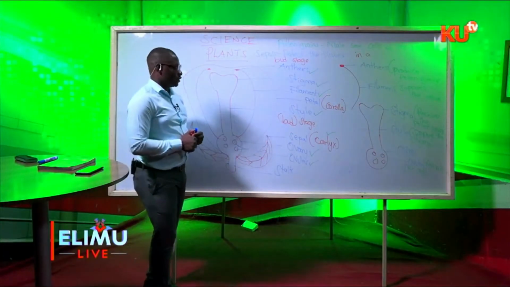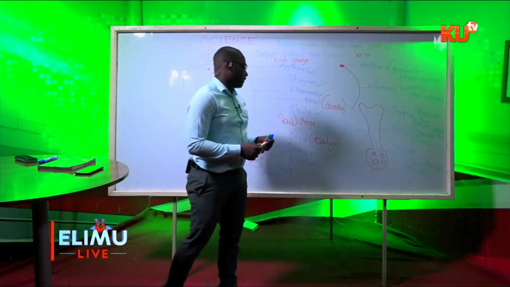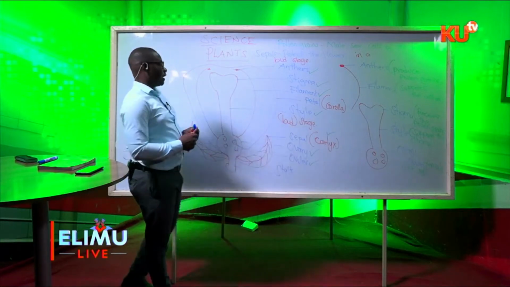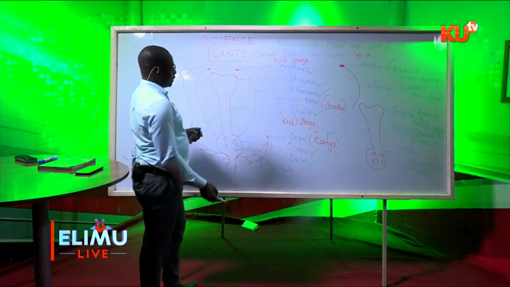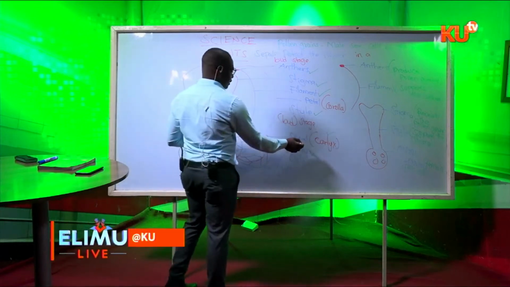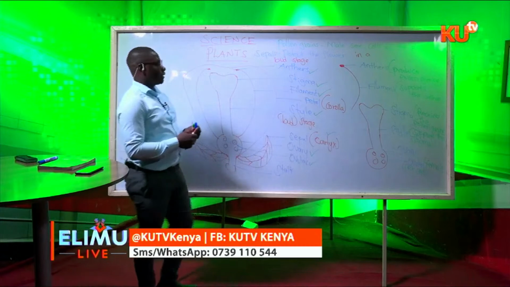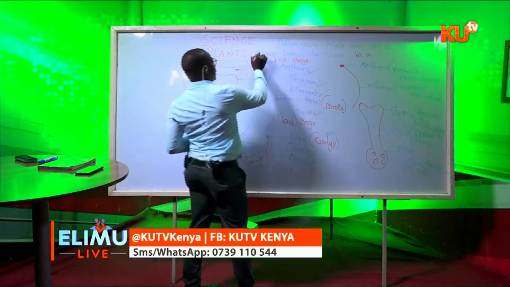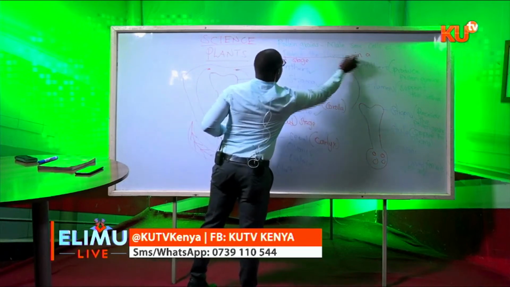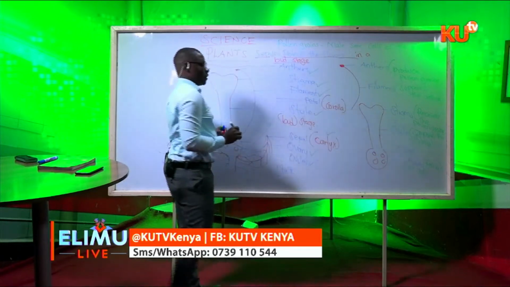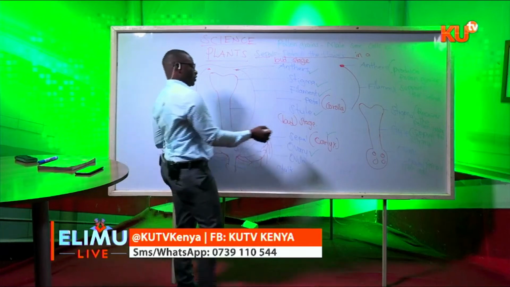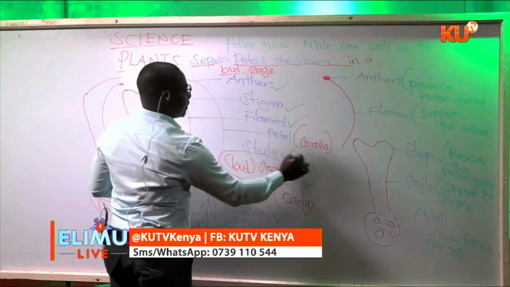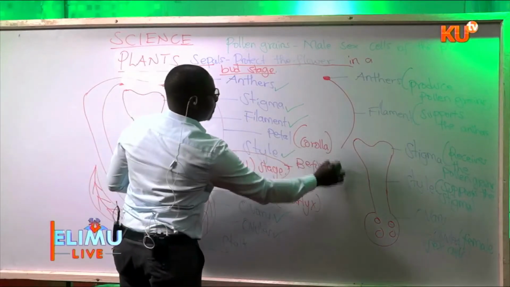So we are continuing. I was giving the functions of the other parts of the flower. So I will repeat about the sepals. The sepals protect the flower in a bud stage, and a bud stage is a stage before the flower opens up.